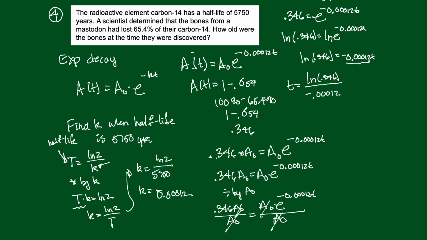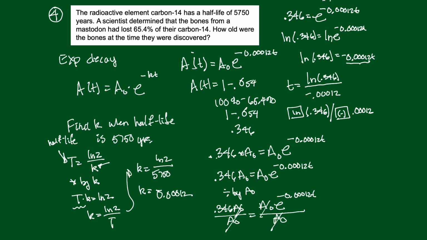So on my calculator, I'm going to press the ln key. I get a parenthesis, put in 0.346, close it, divide. Now, you have to press the negative key. The negative key is at the bottom right, so you're going to press this key. At the bottom right, you get a negative, and then 0.00012.